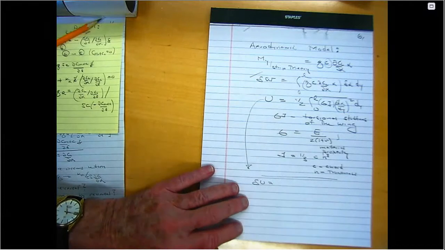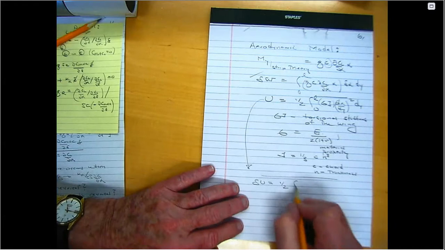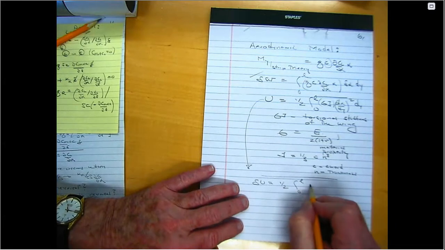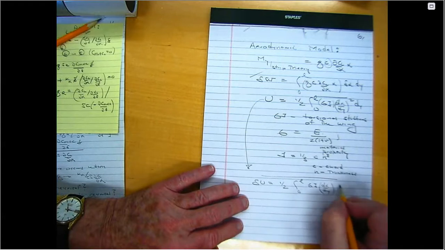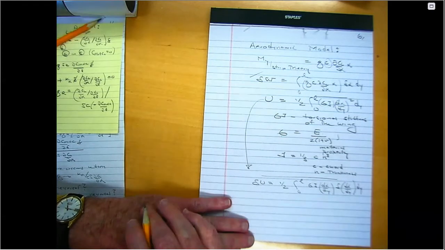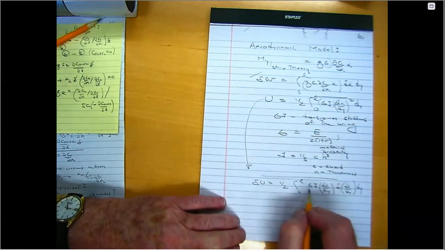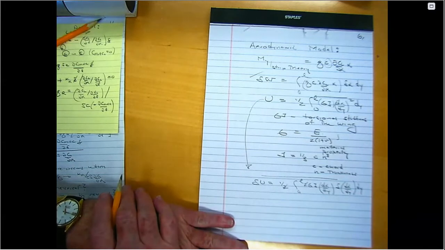So del U is 1/2, integral from 0 to L of GJ times d alpha dy times del of d alpha dy dy. There's a 2 here that conveniently cancels the 1/2.